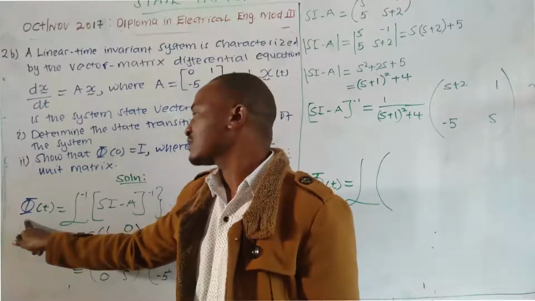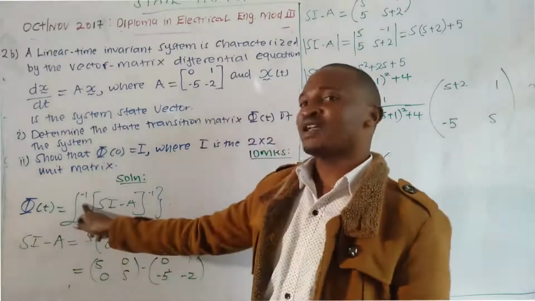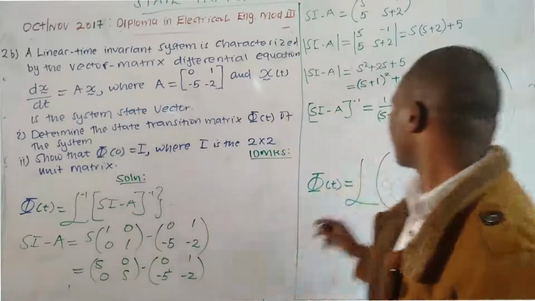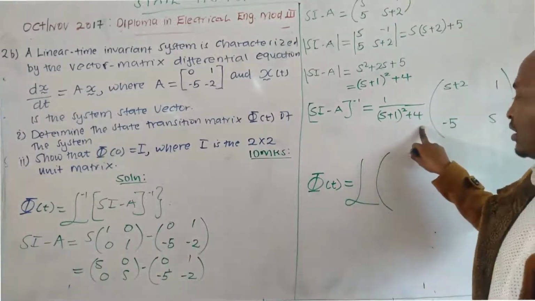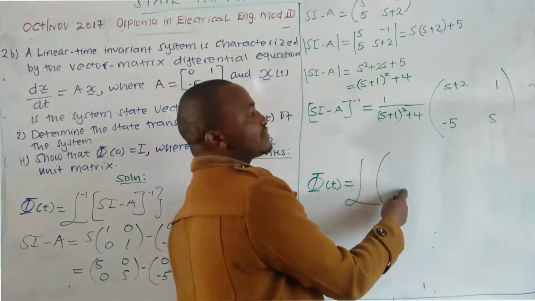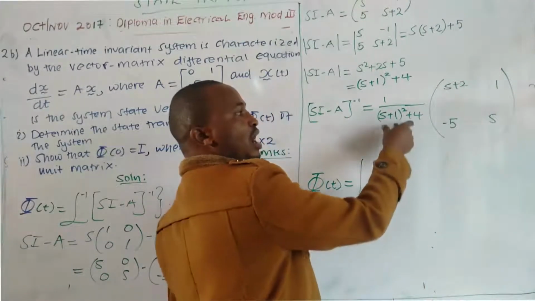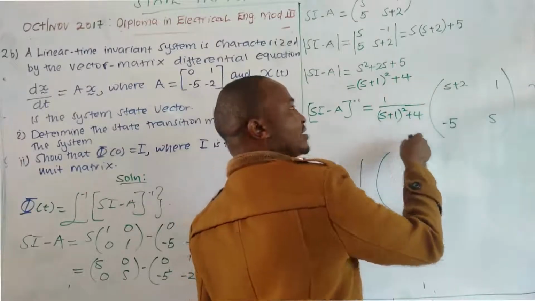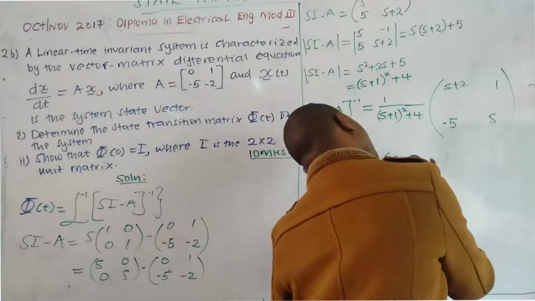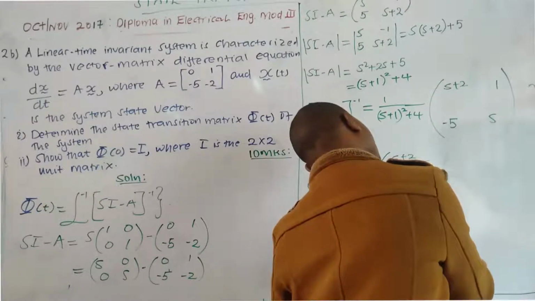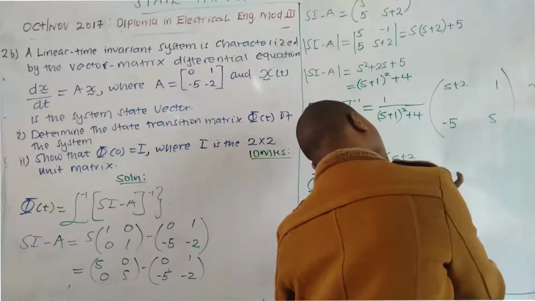The state transition matrix phi of t is equal to the inverse Laplace transform of this inverse matrix, which we have just determined here. So to get the same matrix, we write the same inverse matrix down, but this time round I'll open the bracket with this denominator, so that it will be (s plus 2) over ((s plus 1) squared plus 4).